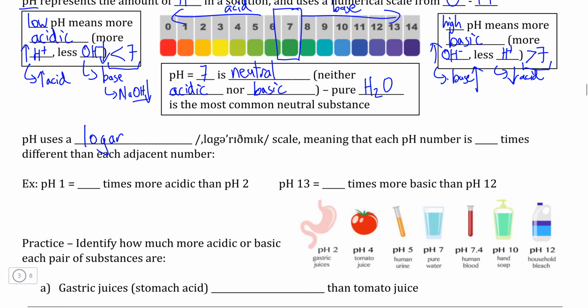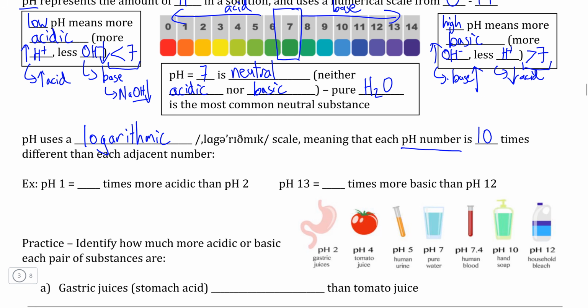Instead, it is what we call a logarithmic scale. Now, in senior math grades, you'll actually learn how logarithmic scales work, but for our purposes, what we can say is that each pH number, rather than being 1 greater, is actually 10 times greater or less than the adjacent pH values.